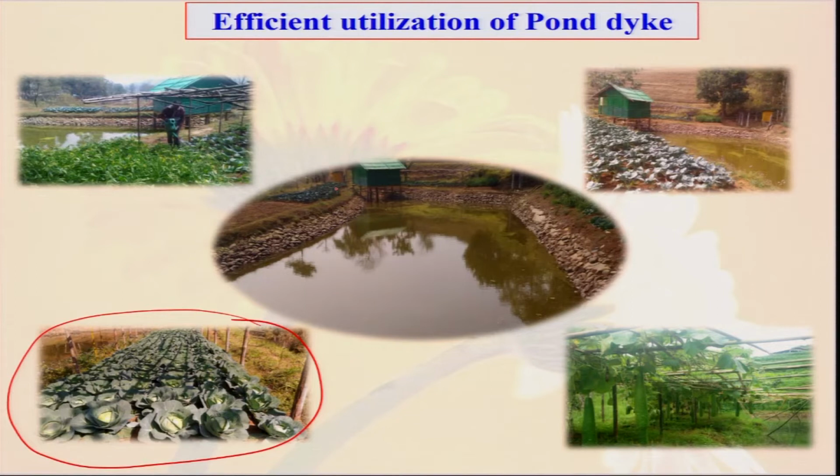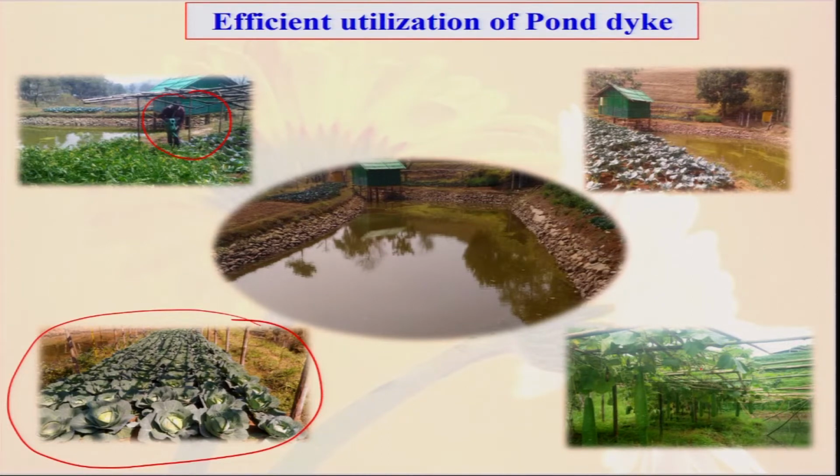Similarly, if you see this is the pond area where we are growing vegetables, and a farmer is giving water to the vegetables using a small rose can. So, this is very easy. You do not have to use any machinery, he does not need any diesel, he directly takes the water from the pond and gives it to the vegetables. And not only one layer, we are also promoting growing in two layers. You see, this is the pond area, in one area you can grow vegetables and you can make a bamboo machan.